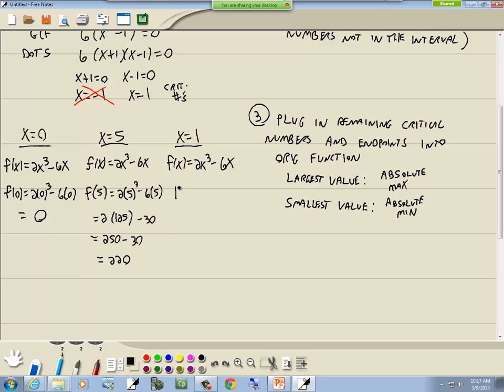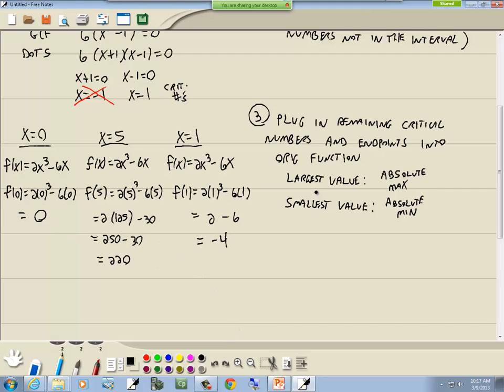And then f of 1. We got f of 1 is equal to 2 times 1 to the third minus 6 times 1. 1 to the third is 1, times 2 is 2, minus 6 times 1 is 6, so that gives us a negative 4. Assuming no basic math error, these are our three values.